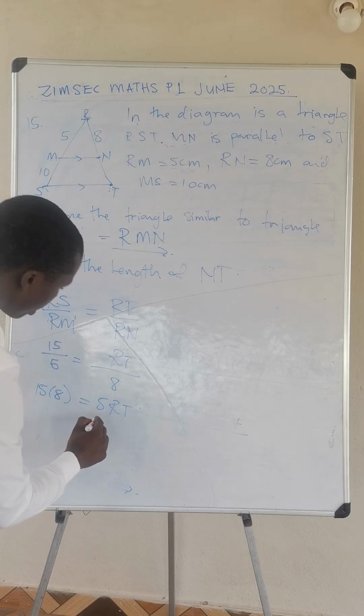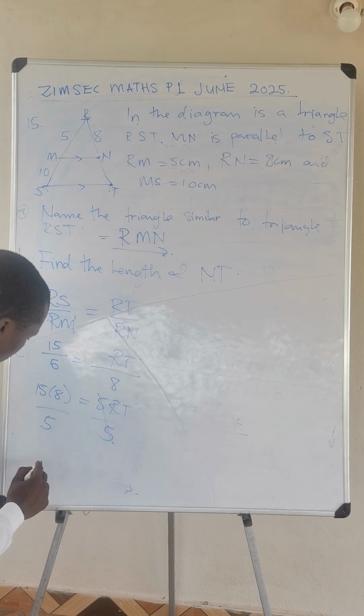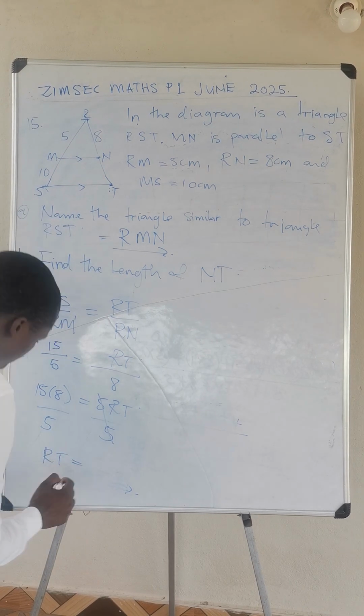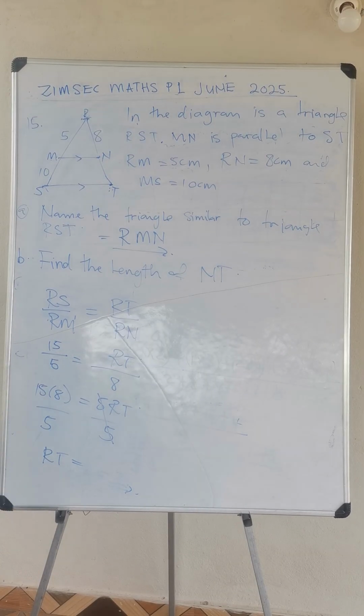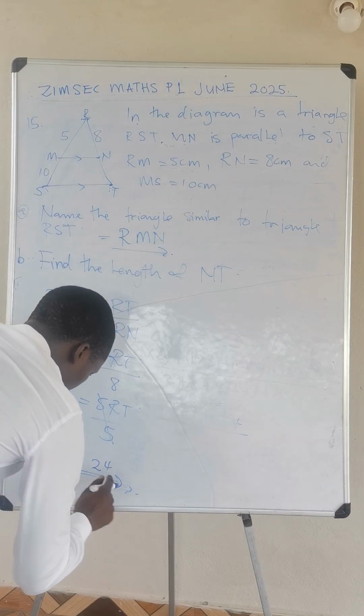We divide here by 5, we divide here by 5. Therefore, our RT is equal to 15 by 8, which is 120 divided by 5. Therefore, our RT is equal to 24.